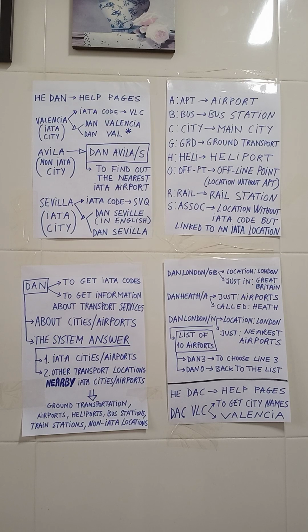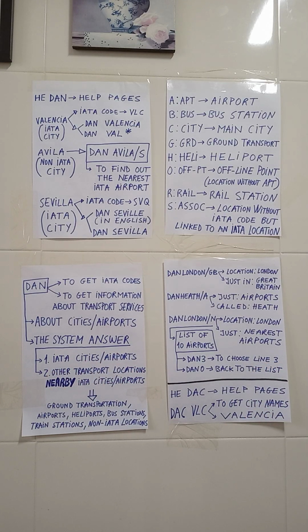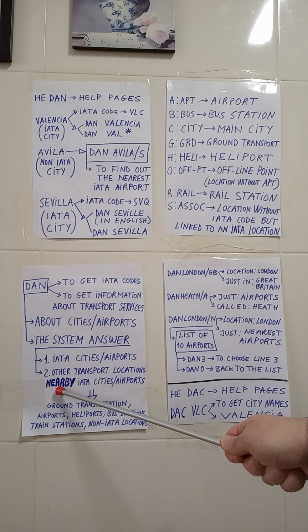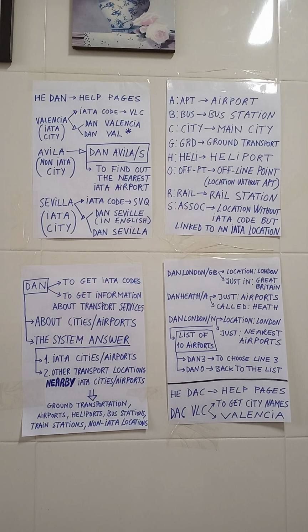Within the complementary information, we have nearby locations. The word nearby is very important, so I write the word with a thicker letter. Those nearby locations can be ground transportation, nearby airports, heliports, bus stations, train stations, or non-IATA geographic locations.